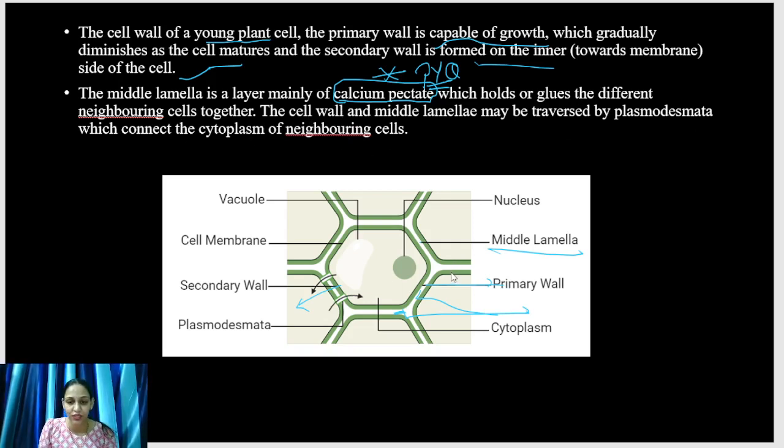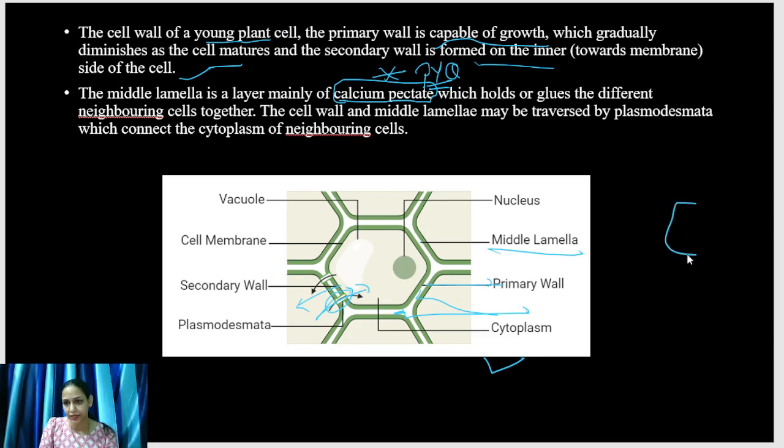This is the plasmodesmata. So, plasmodesmata help in the connection of the cytoplasm of two cells या फिर neighboring cells. So this is the structure of the cell wall.